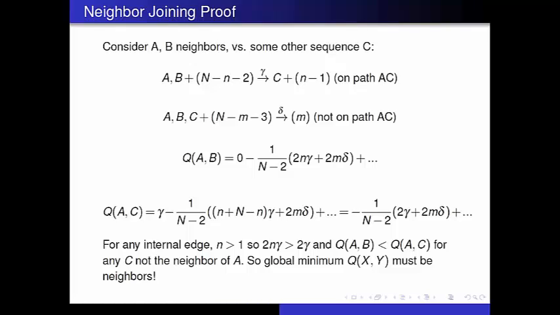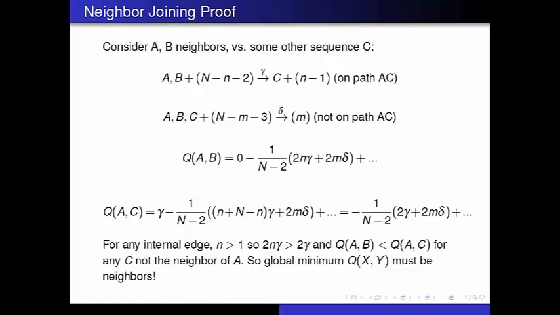Because it's only the neighbors that have this 0 in the positive term, the distance from A to B. Any other non-neighbor is going to have a positive contribution here, which causes it to be not the minimum.